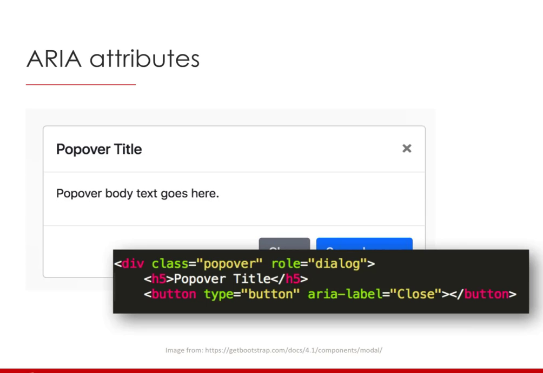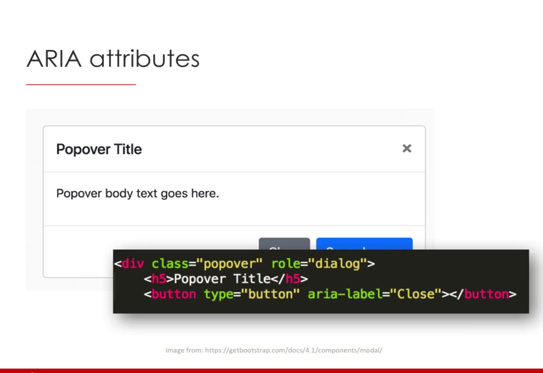So for example, they can be leveraged to communicate labels for things that might have a visual indicator. In the example on the slide, the button in the top right looks like an X, but in the code, there's no actual text within the button for a screen reader to read. So it would just skip over it, or maybe say that there's an unlabeled button existing, but that doesn't really help your user know what it's for.